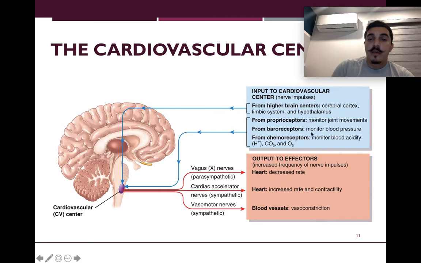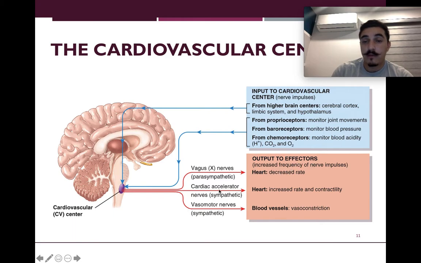So here they are. There's input to the cardiovascular center, or the CV center, from the higher brain centers, different parts of the brain. The proprioceptors monitor the joint movement. The baroreceptors monitor the blood pressure, and the chemoreceptors monitor CO2 and O2 levels and proton ions. Then the output: the input goes into the CV center, and then the CV center sends signals to the effectors.